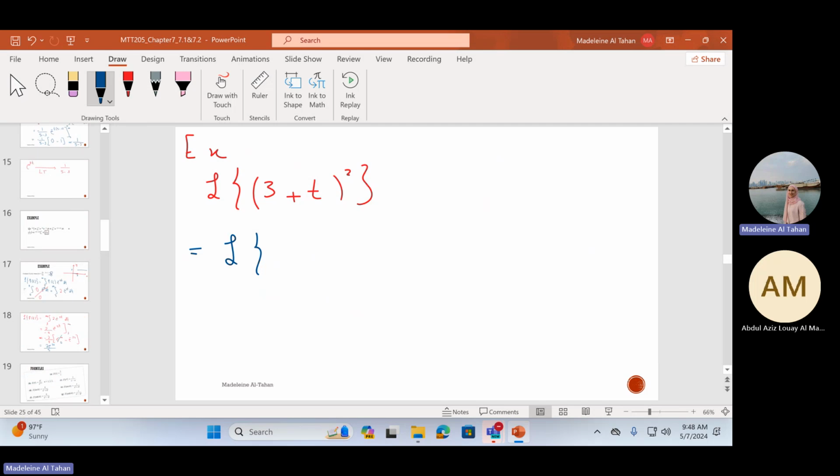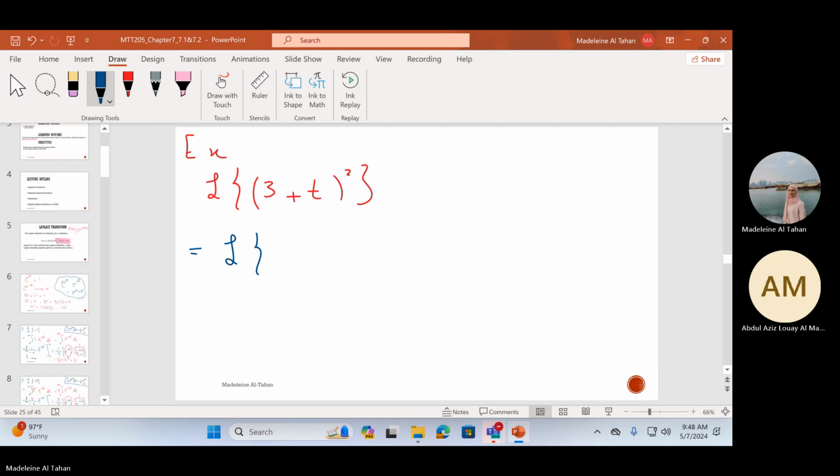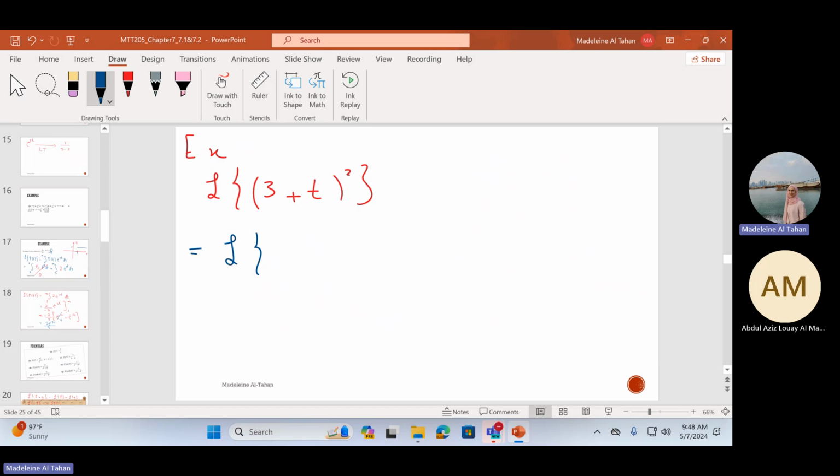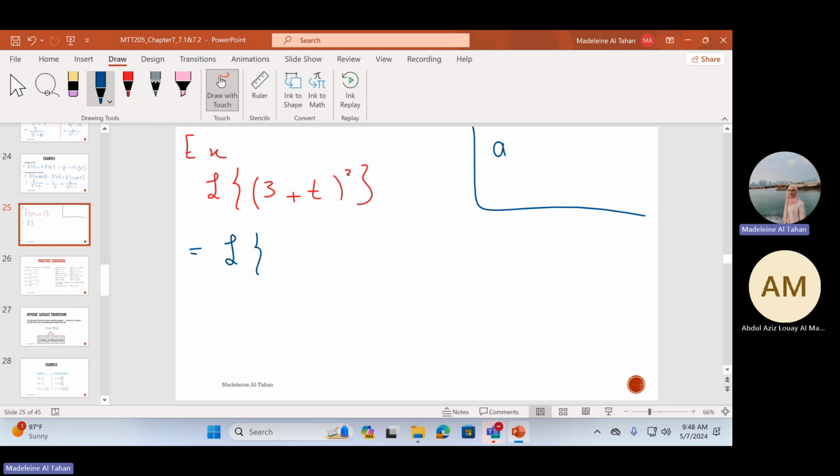Okay, let's write the formula here also. We don't have space here, so it's okay. We can write it here. A plus B squared is equal to A squared plus 2AB plus B squared. So this one is Laplace of 9 plus 3 times 2, 6t plus t squared.